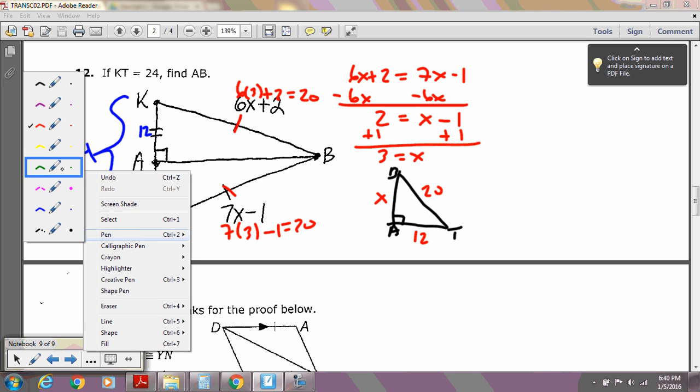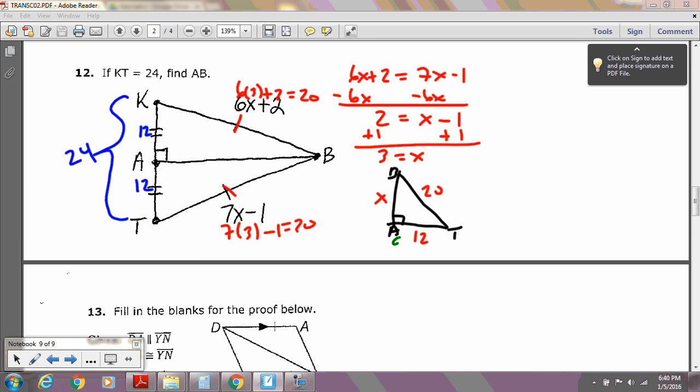When we use the Pythagorean theorem, we have A and C, not A and B. So keep that in mind. So that's 12 squared plus x squared is equal to 20 squared. 12 squared is 144, and 20 squared is 400.